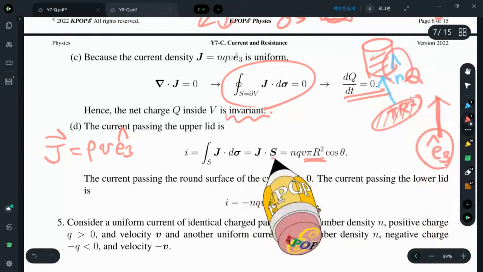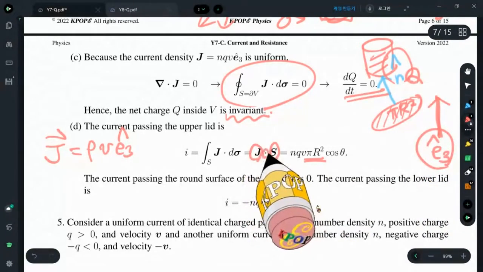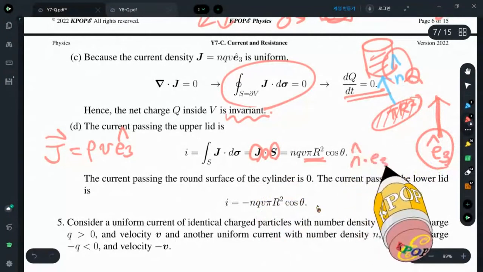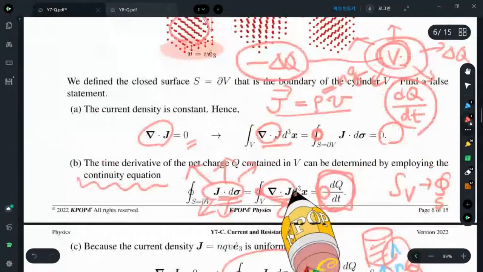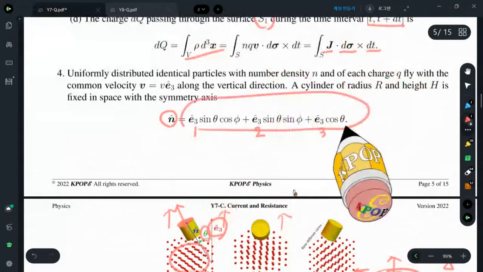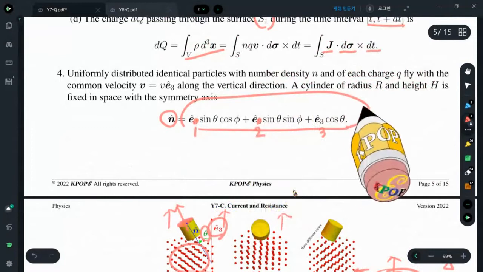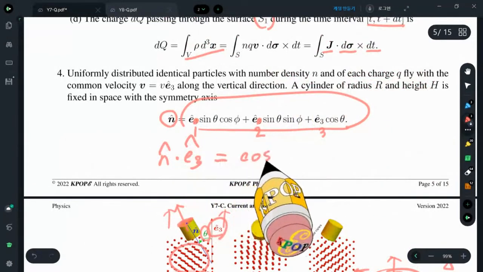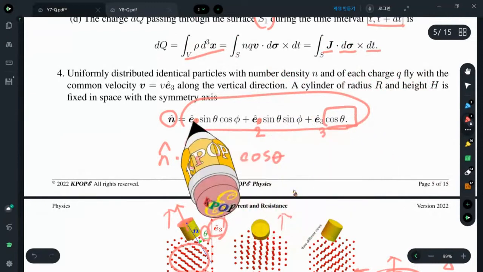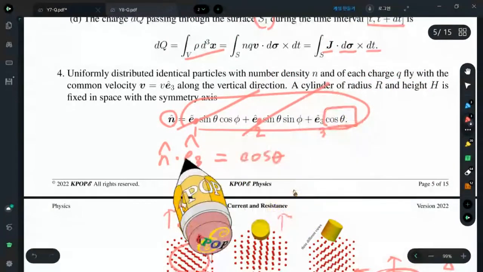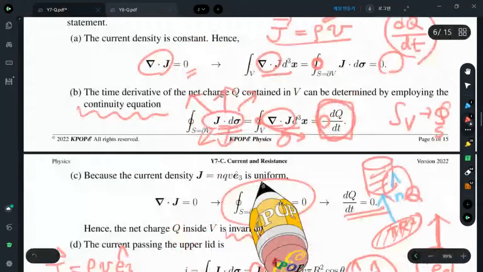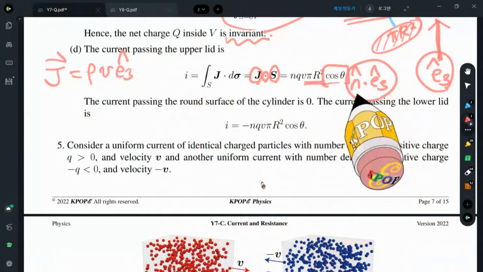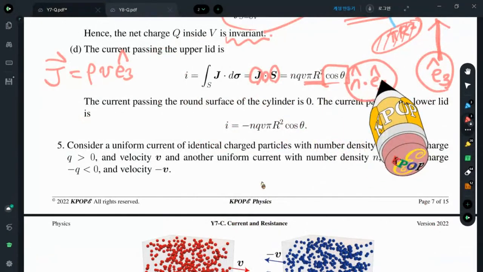Because this is area and current density scalar product, we need to consider n hat dot E3 hat, because n hat is in this form, and this one is 1 and 2. N hat dot E3 hat should be cosine theta, because E1, E2 are orthogonal to E3 hat. So we have to consider the cosine theta coming out of the directional cosine between the two unit vectors.